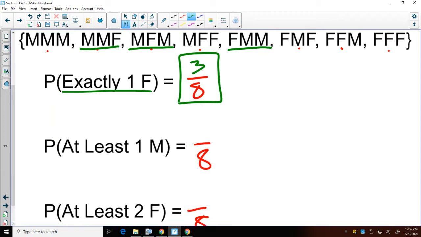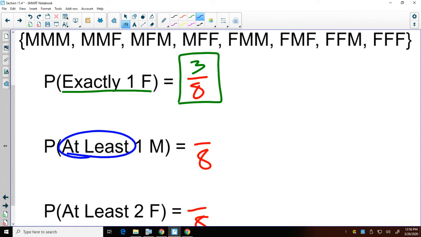Okay? So our next one. So it says at least 1 male. And we've talked about this word at least before. Okay? So that means you can have 1 male. At least also means you could have 2 males. Because it is at least, you could also have 3.